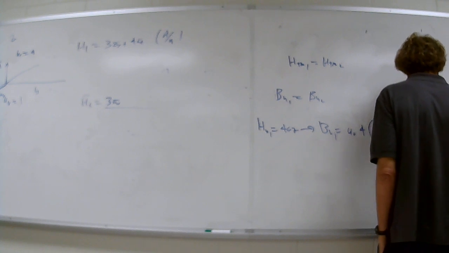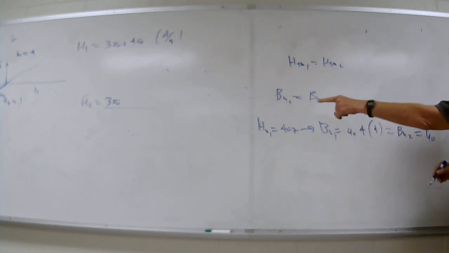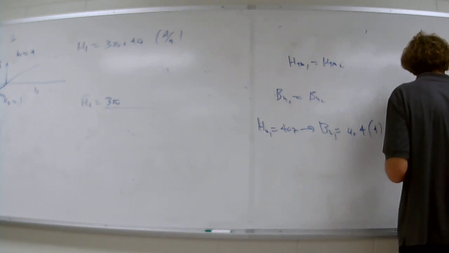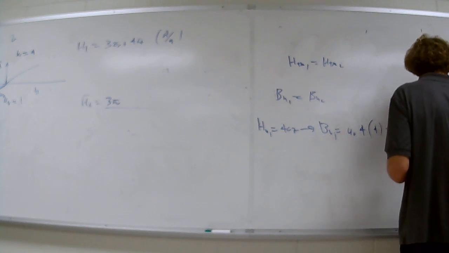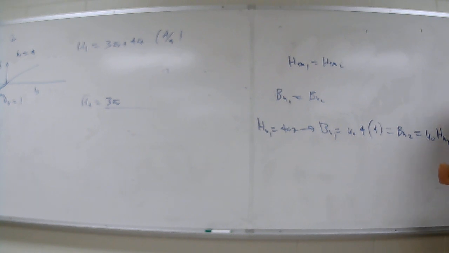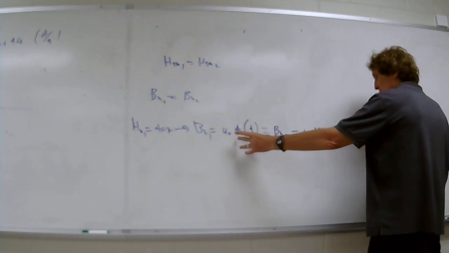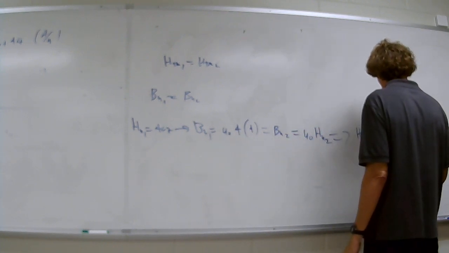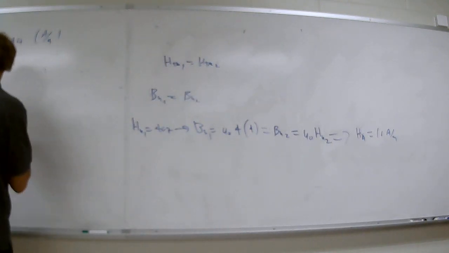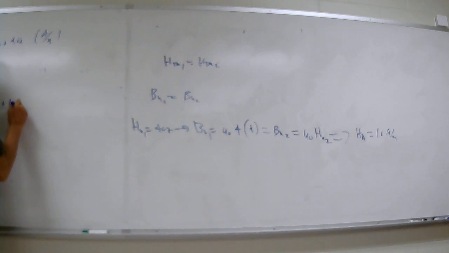That's equal to mu 0 times mu relative in region 2, which is just 1, times H normal in region 2. So what is H normal in region 2? It's 16AZ. So H2 is going to be plus 16AZ amps per meter.